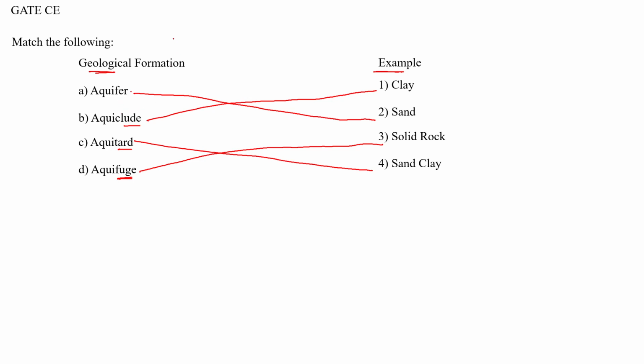Okay, this is a very important question. You can expect it for 1 mark either in an interview or in GATE also. I can particularly say this from my own example. When I attended an MTech interview at IIT Guwahati long back in 2015, they asked two questions from this topic. One was this match the following.